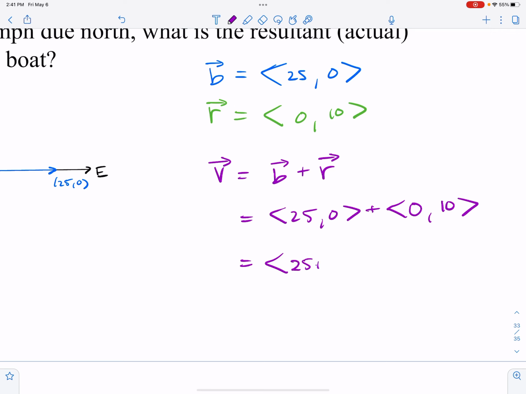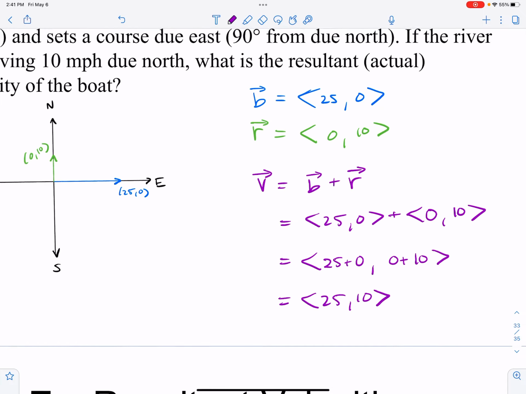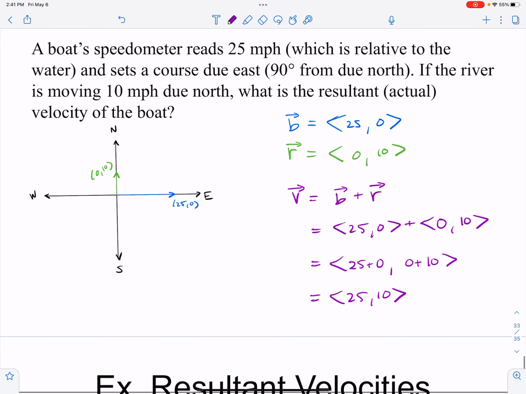It would be 25 plus 0, comma, 0 plus 10. So 25, comma, 10. This makes sense for the parallelogram method, right? The terminating point, the resultant vector, would be 25, comma, 10.